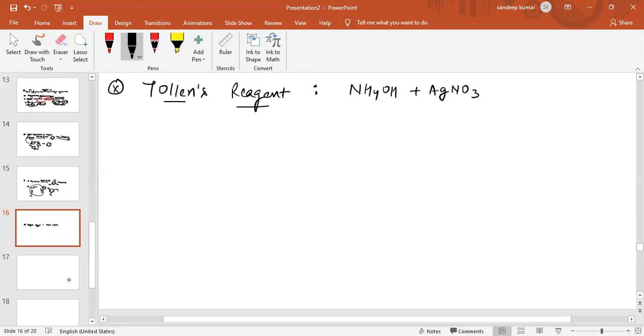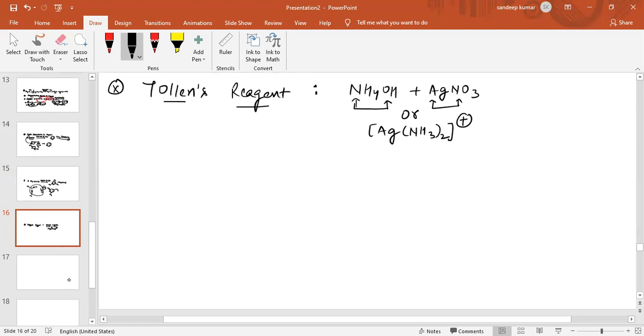So Tollens reagent is a mixture of ammonium hydroxide with silver nitrate. Also we can say when these two compounds combine, it forms ammoniacal silver nitrate, that is Ag(NH3)2, with the whole carrying a +1 charge.